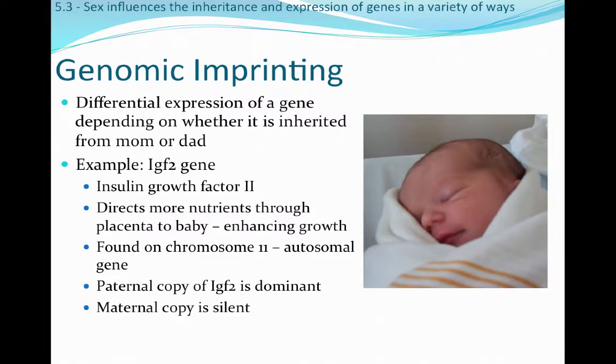All right, so as we wrap up section 5.3 of the Pierce text, we're going to talk a little bit about genomic imprinting because this is vastly becoming a very intense area of research, especially in agriculture.